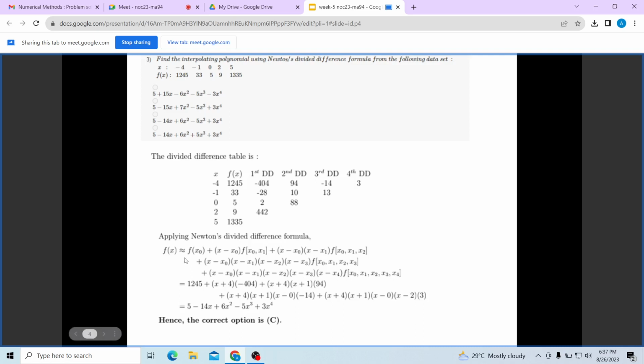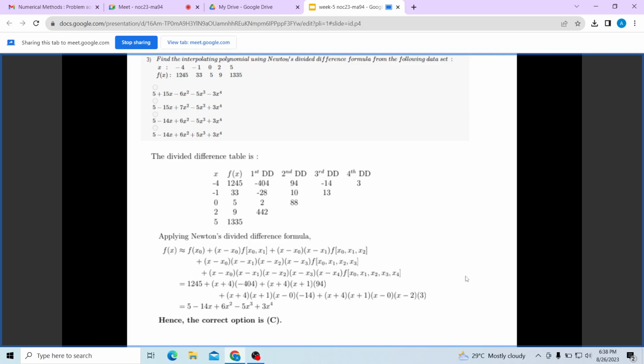Fine. Now substitute the values of x naught, x1, x2, x3 and x4 in these and the corresponding divided differences. That is, this is first divided difference, that is minus 404. Then this is second divided difference, that is 94. Now this is third divided difference, that is minus 14. And this is fourth divided difference, that is 3. Substitute these values.